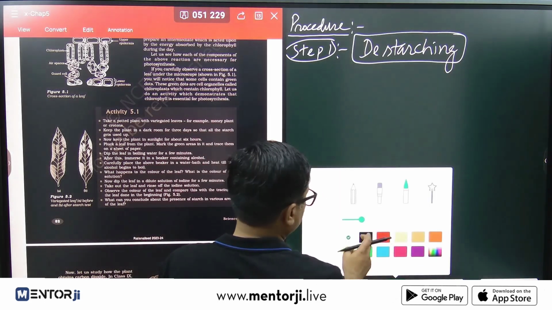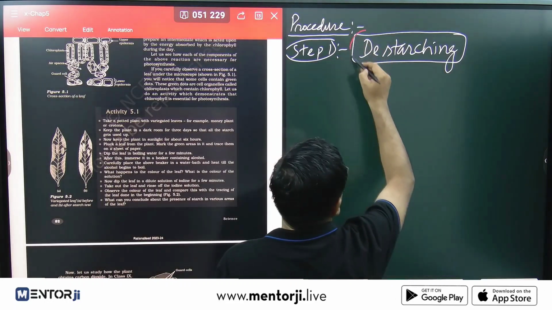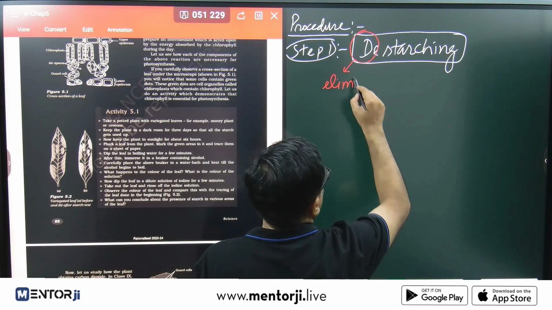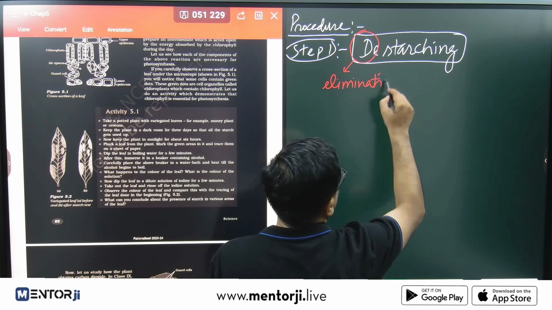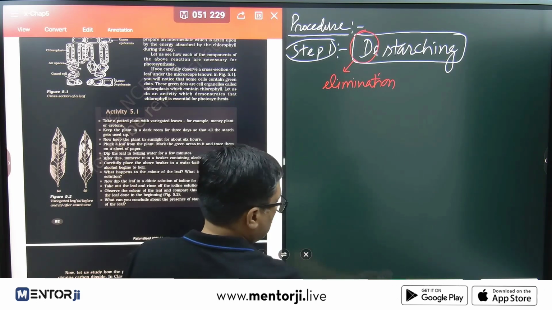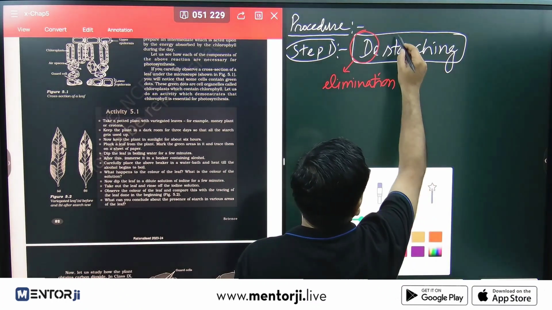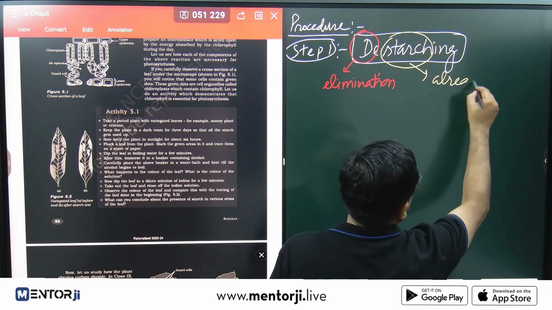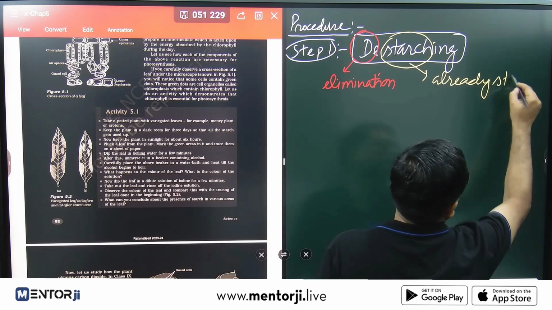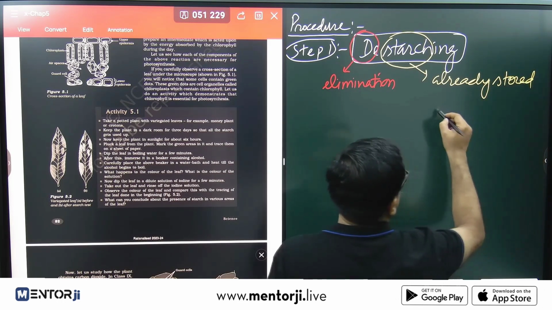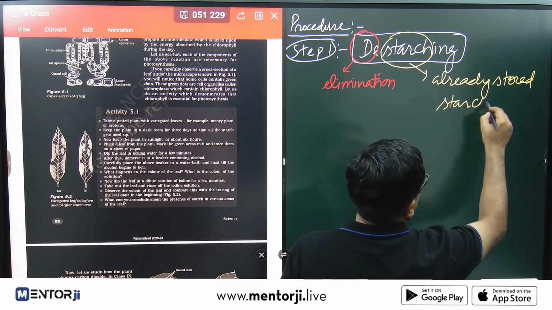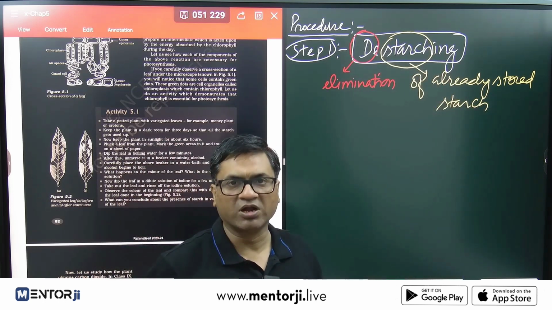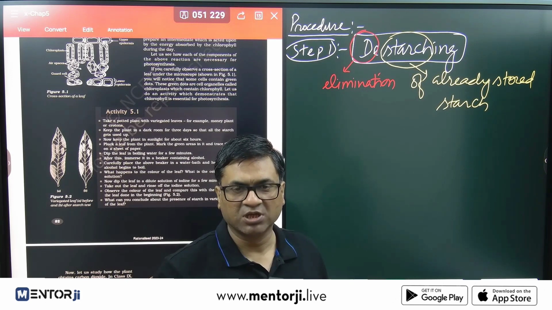De-starching: de means elimination and starch means already stored starch. So that means elimination of already stored starch.